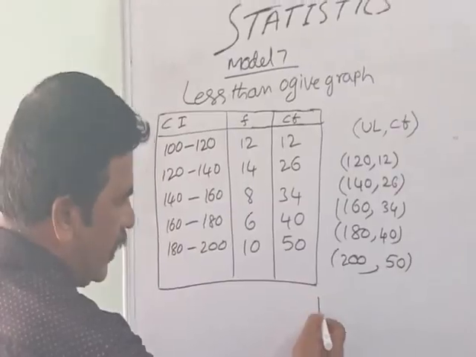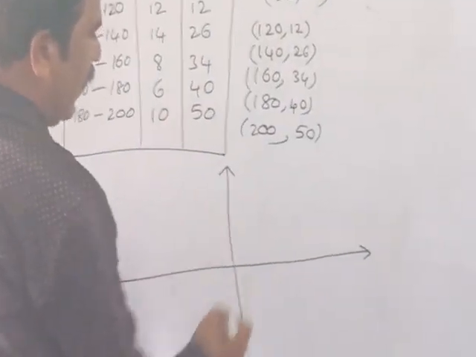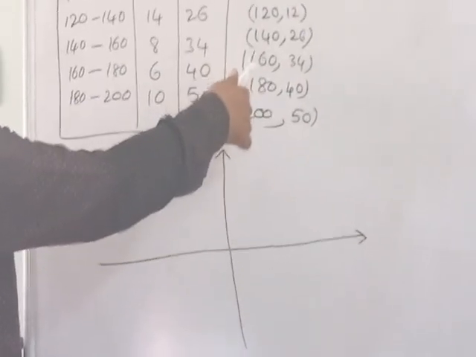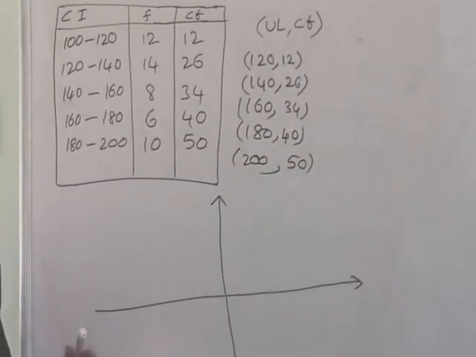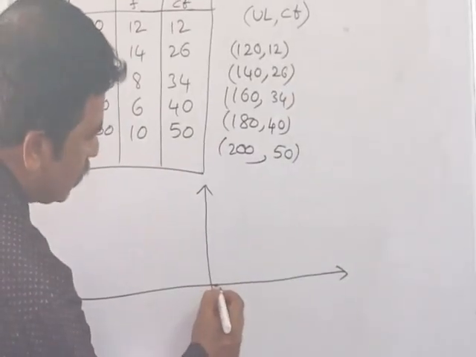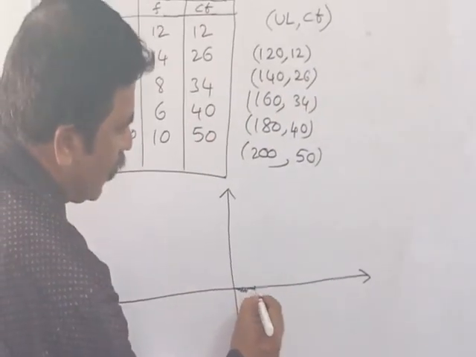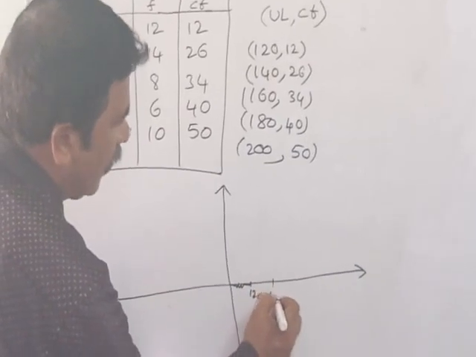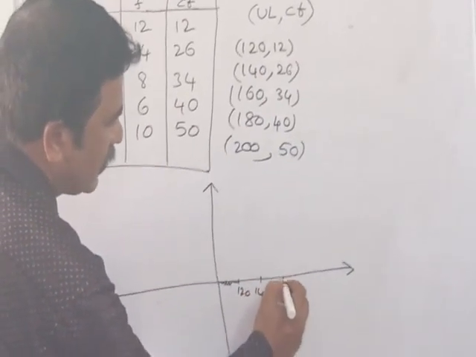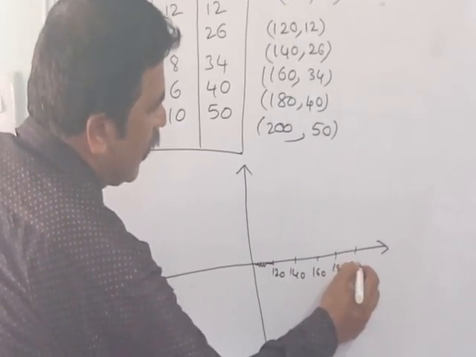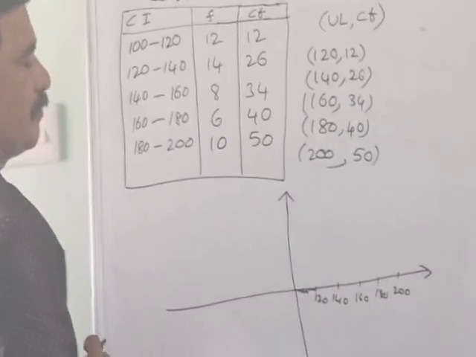Take the graph sheet, X-axis, Y-axis. On the X-axis the values are 120, 140, 160 and so on. Therefore, take a small kink, then start 120, 140, 160, 180, 200, each with a gap of 20.